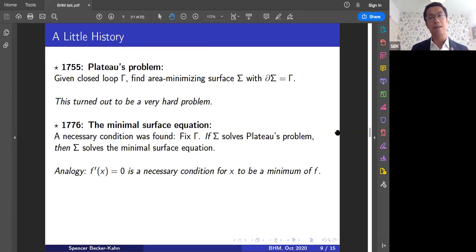The inquiry segues to, well, can we find any surfaces that satisfy the necessary condition? Whether or not they turn out to be true minimizers for some actual Plateau problem that we're trying to solve, we've sort of forgotten about that. And so we say, well, okay, we've got this necessary condition. It's very interesting. Can we find any surfaces that might satisfy this condition? So at the time, I think they found one, which was the completely flat two-dimensional plane.